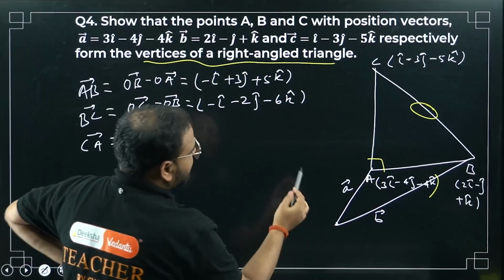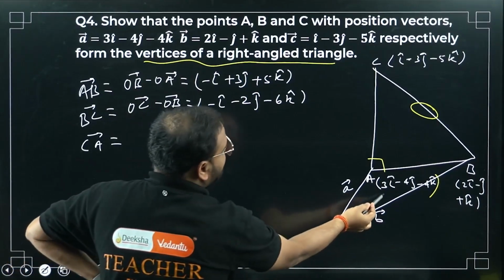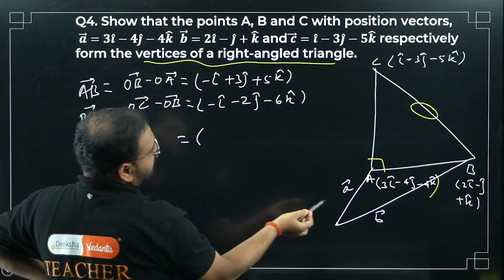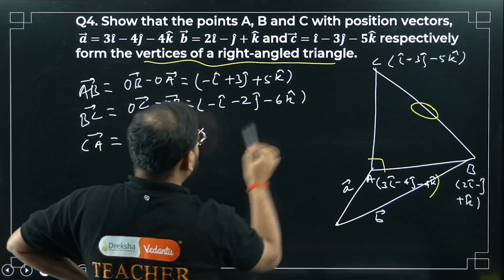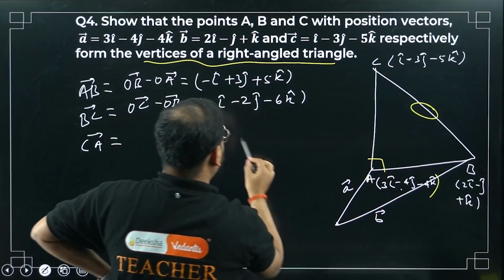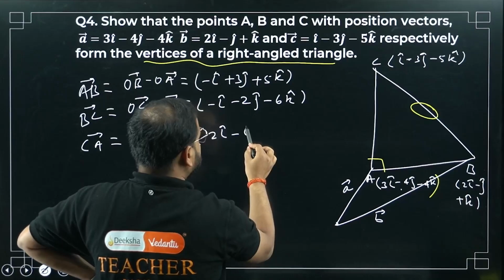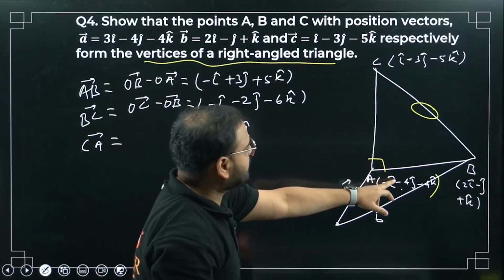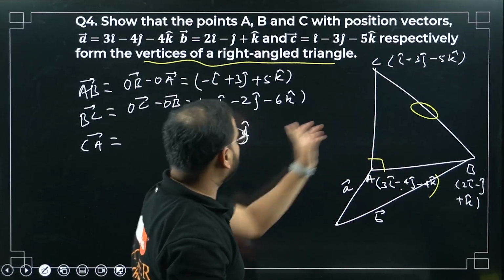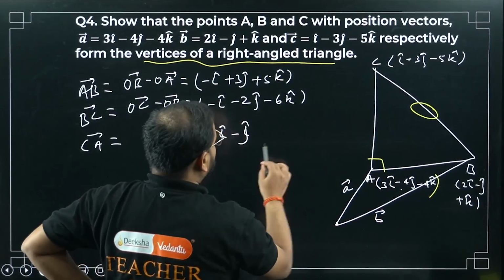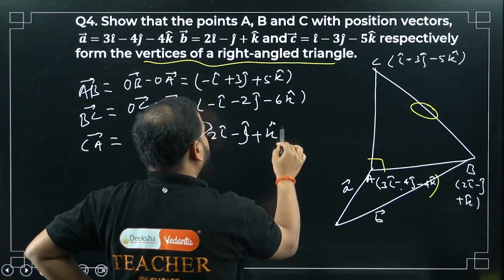In this case, we have to subtract from the A side. 3i cap minus i cap is 2i cap. Minus 4j cap minus 3j cap: minus 4 plus 3, because minus of minus will become plus, so minus j cap. And minus 4k cap minus 5k cap: so it will become plus again, so plus k cap.